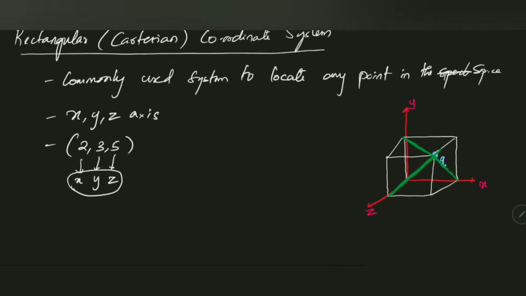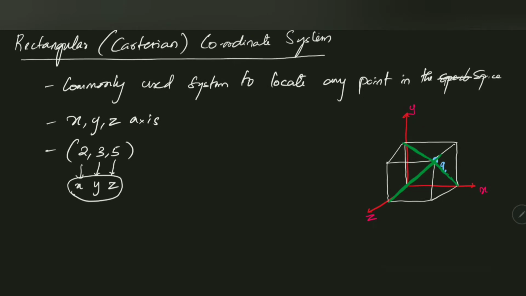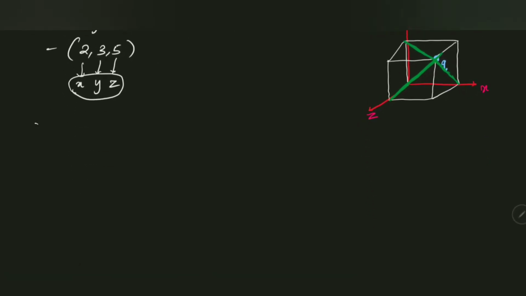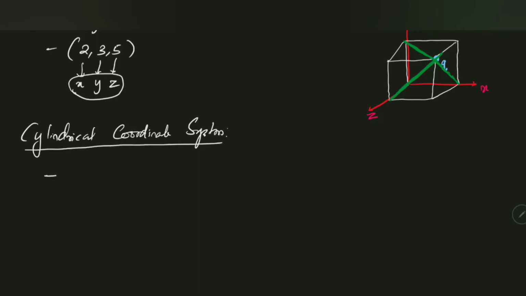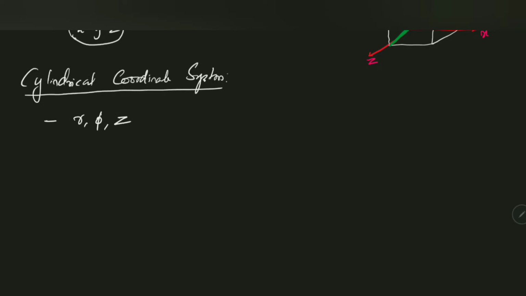So this is how the rectangular coordinate system is usually described. The next one is the cylindrical coordinate system. In the cylindrical coordinate system, instead of x, y, z, here we have r, phi, and z, where r is the radius, phi is the angle, and z is the z plane, which is one of the axes.